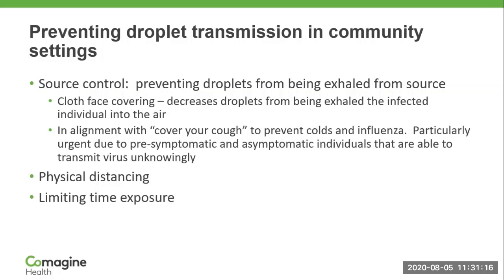So this idea of source control is again preventing the droplets, and I want to point out that this is really in alignment with covering your cough. So it's like covering your cough all the time when you're out in public. And as I point out, it's urgent due to pre-symptomatic and asymptomatic individuals that can transmit without even being sick. And then, of course, physical distancing and limiting time exposure.